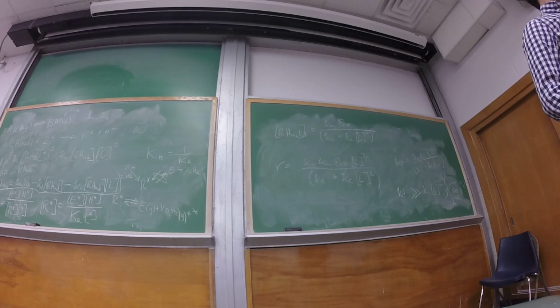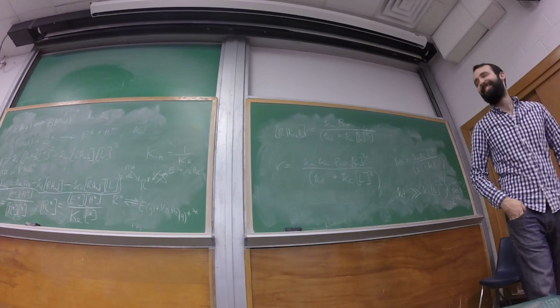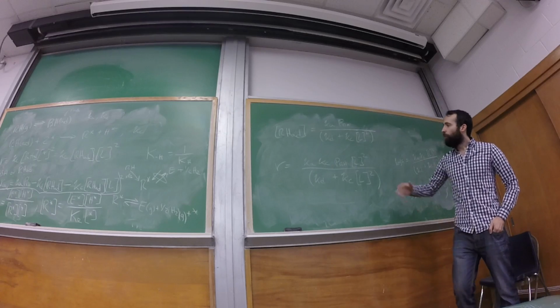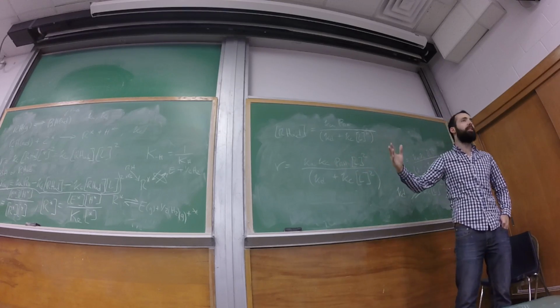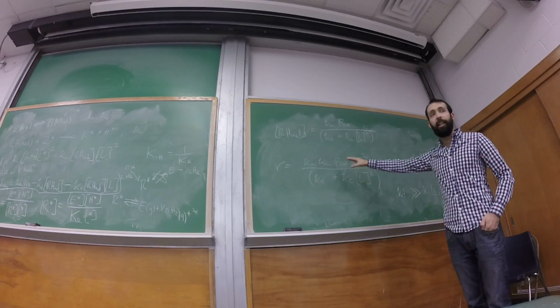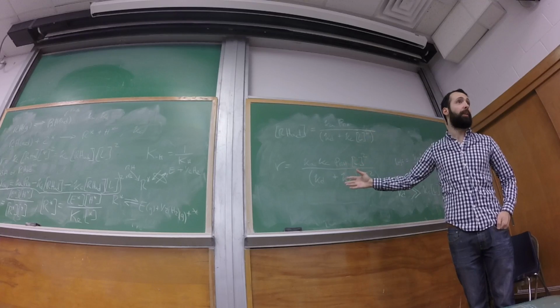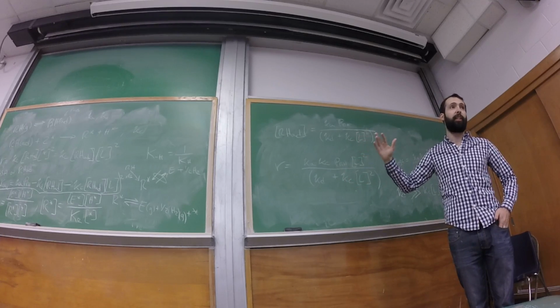Who doesn't like raising their hand in class? You're all liars. Which rate constants are in here? Are rate constants in here for both equations? Yes. Are they in here in any way that I could replace them with a single equilibrium constant and it would remove all the rate constants?